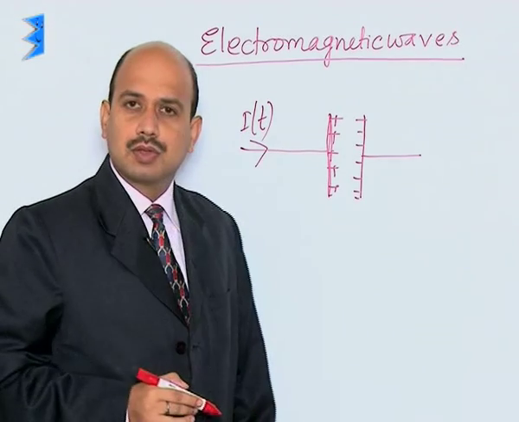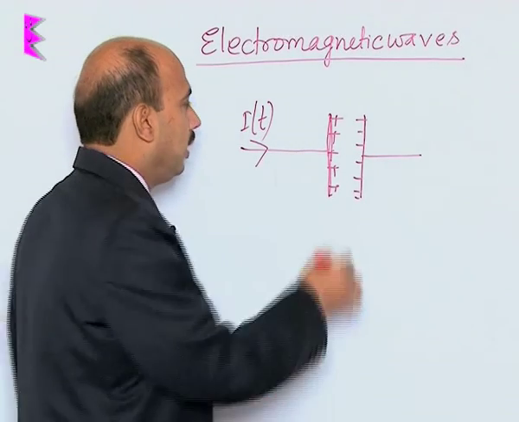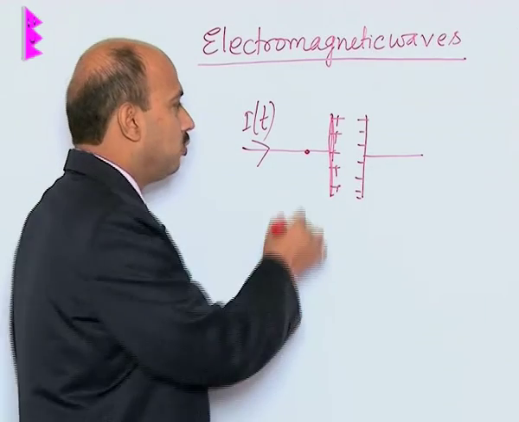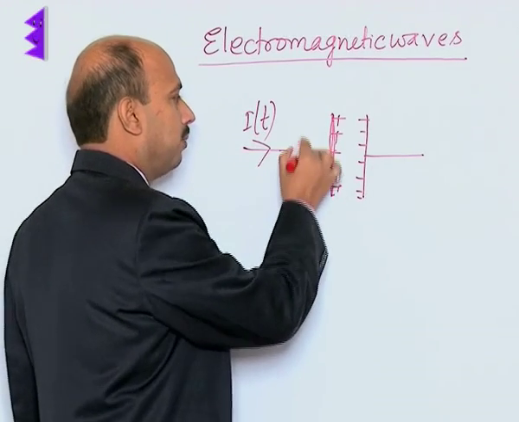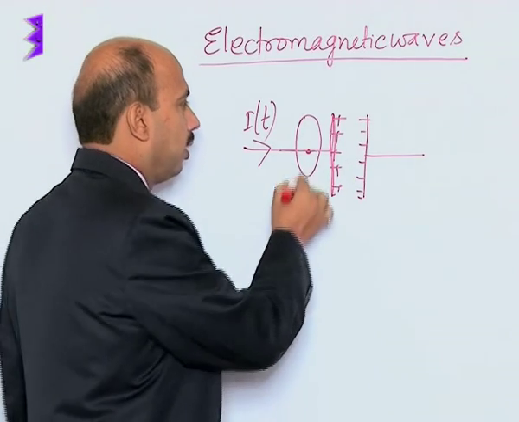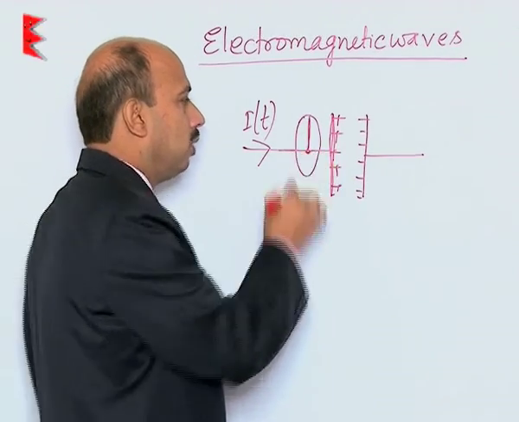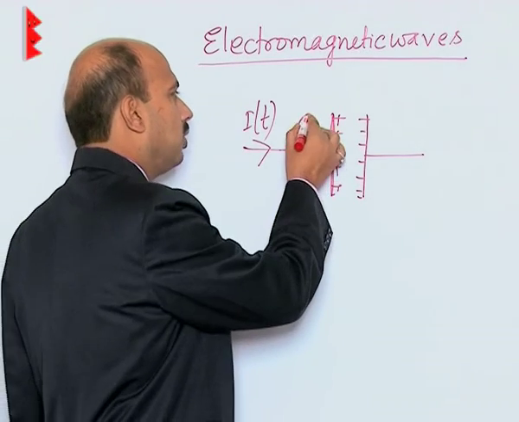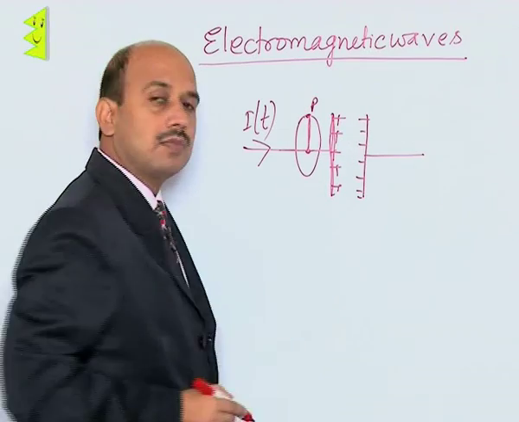Now, taking this current carrying conductor, we make an Amperian loop which is symmetrical and perpendicular to the electric current, and suppose the point P is here.